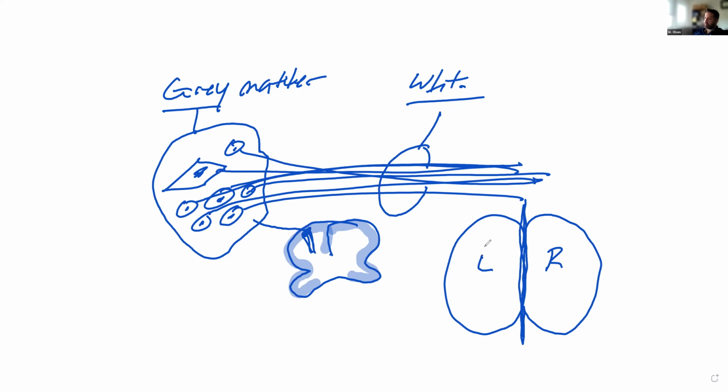And we have this lateralization, is what we call it, of the hemispheres. What we're talking about is that typically on your left side of your brain, you have specific functions, okay? Functions.